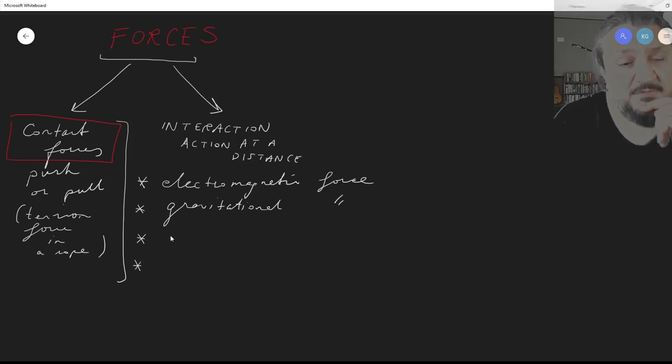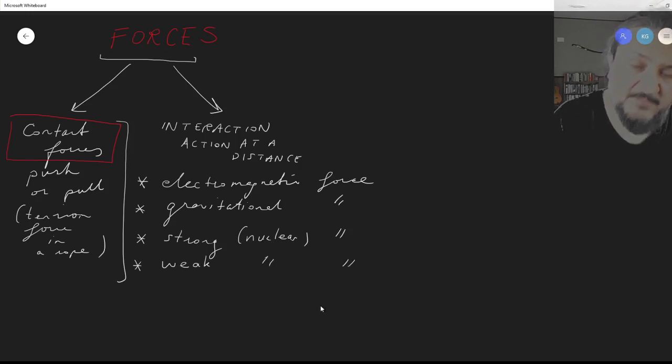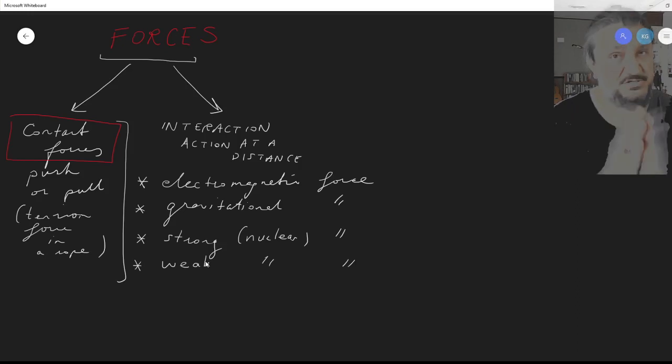The third force is called the strong force, or strong nuclear force to be exact. And the fourth one will be weak nuclear force. Now these 2 forces also act at a distance, but at a very short range.